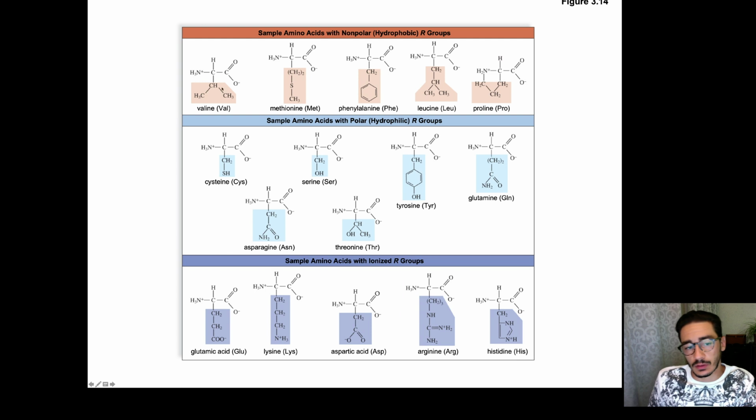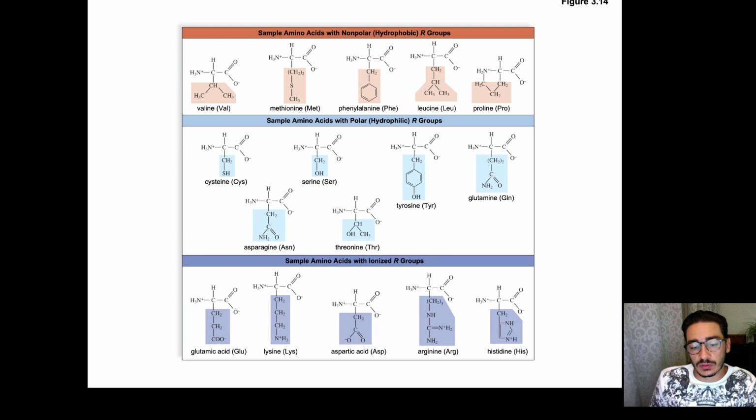Probably you're gonna know them, and definitely if you take biochem, you have to know their structures, names, and all. For now, just remember we have 20 different amino acids which are required to make any protein, right?